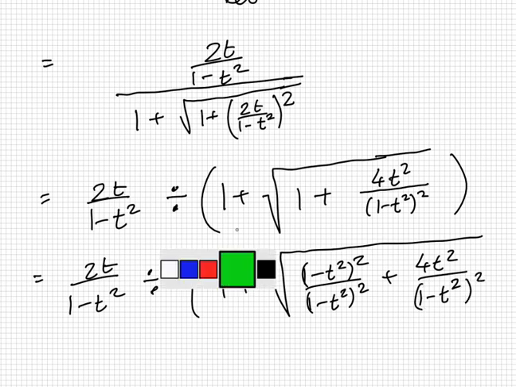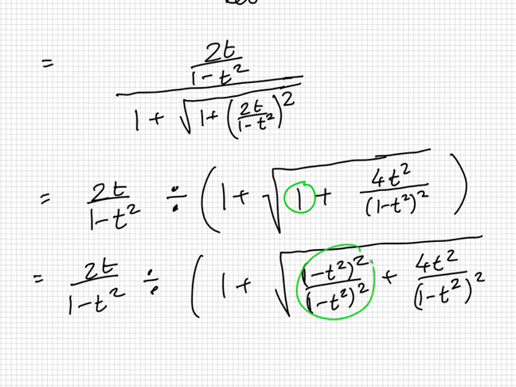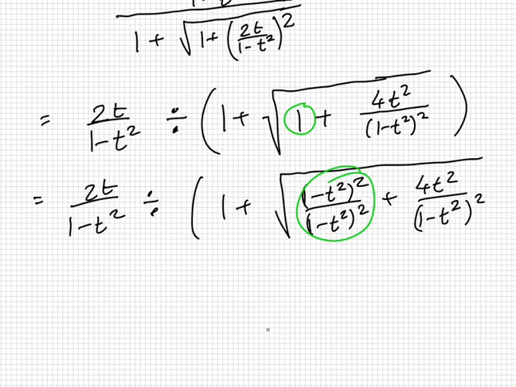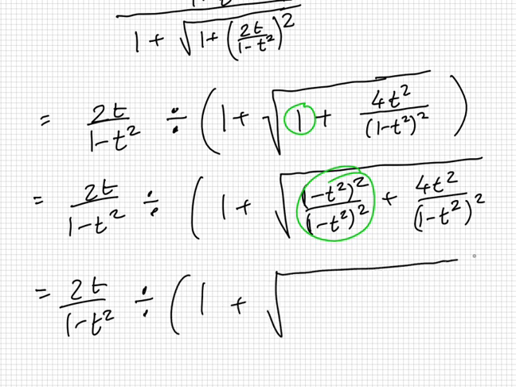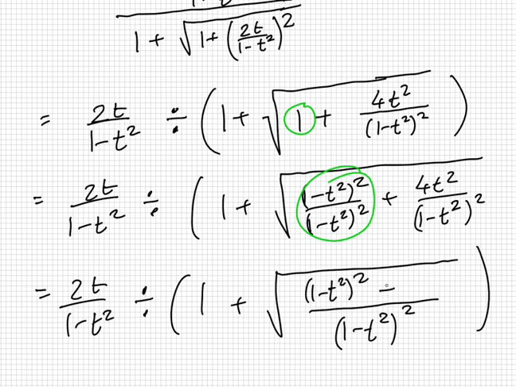So what I did there was I changed the 1 into this. And the reason for doing that is so that I can put these together now. So that's 2t over 1 minus t squared divided by 1 plus square root 1 minus t squared squared plus 4t squared.